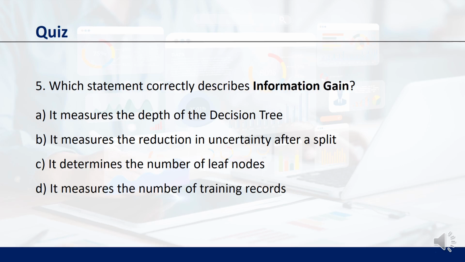The answer is option B, it measures the reduction in uncertainty after a split. Information gain is one of the most important criteria used to select a useful splitting attribute. Remember, information gain equals parent entropy minus weighted child entropy. Higher information gain indicates a more effective reduction in uncertainty.